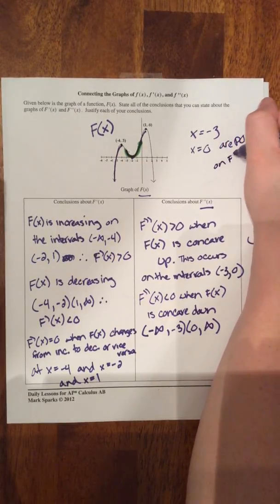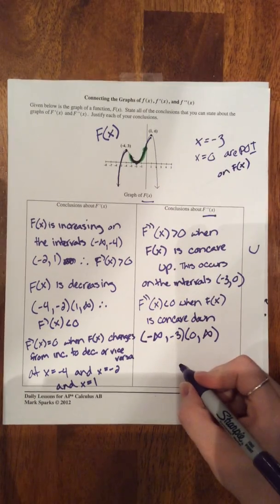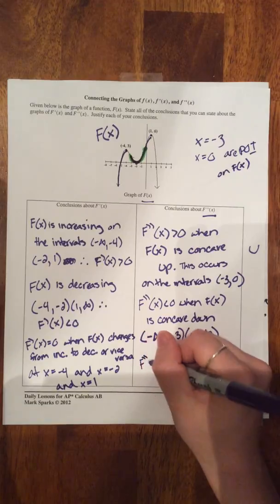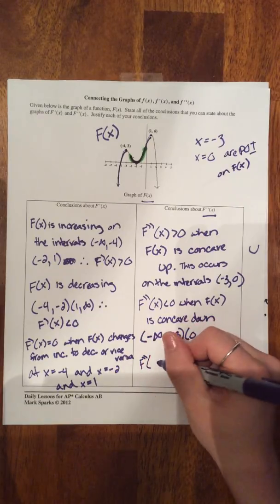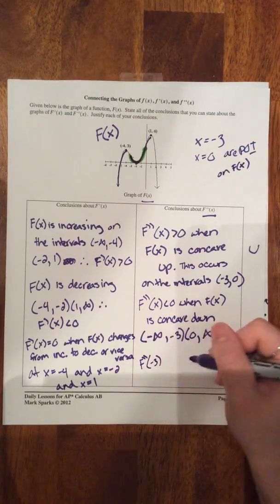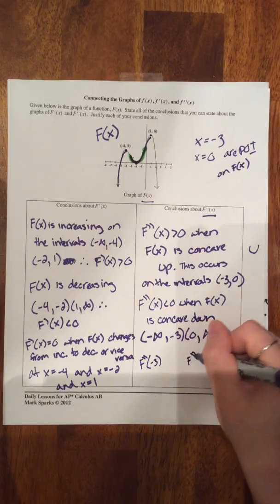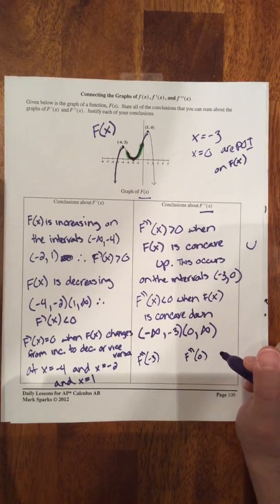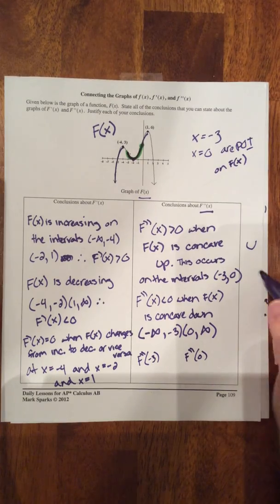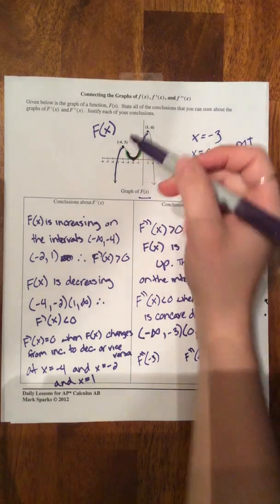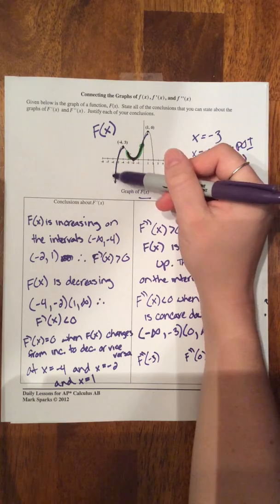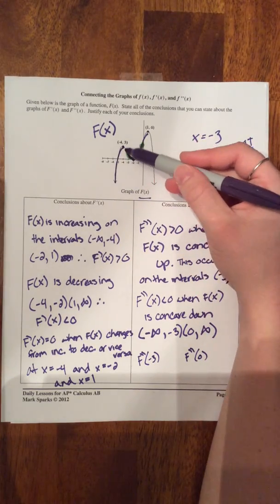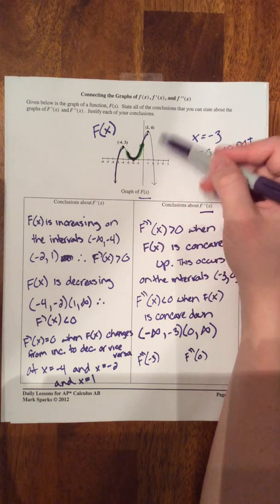on f of x, which means f double prime of -3 and f double prime of 0 are most likely going to equal 0, because what's happening is I can see right here f of x is changing from concave down to concave up, which means f double prime is changing from negative to positive.